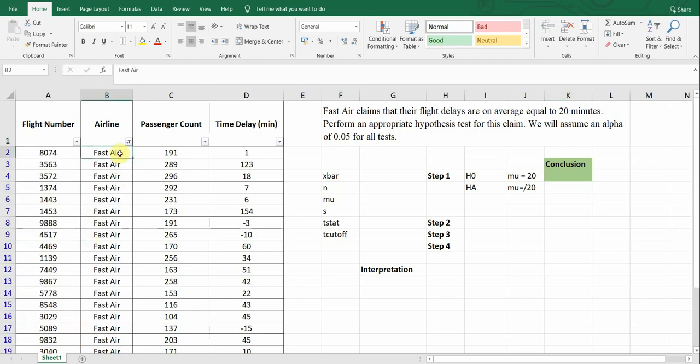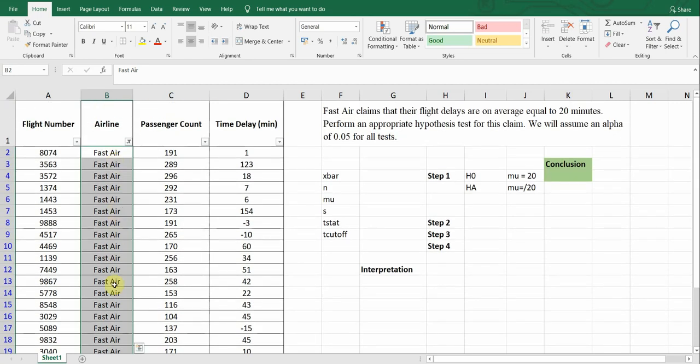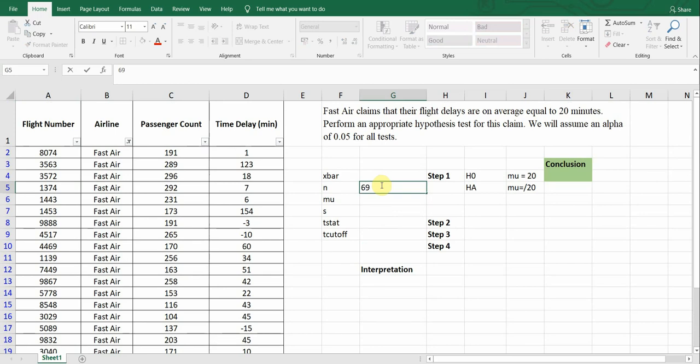And we'll see how many lines of data we have. We can see the count for this particular set of data for Fast Air is 69. So we'll write it as 69.